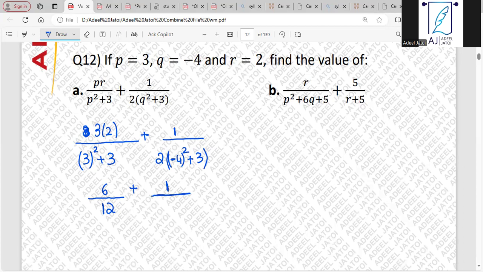So minus 4 square is 16. So if this is 16, 16 plus 3 will be 19. Okay, 19 into 2 will become 38, right?